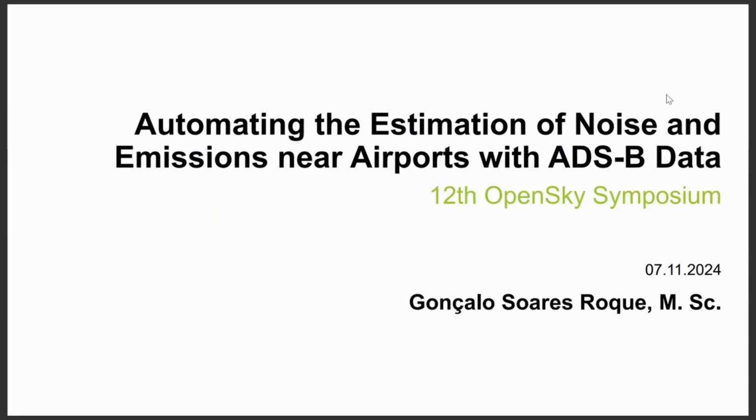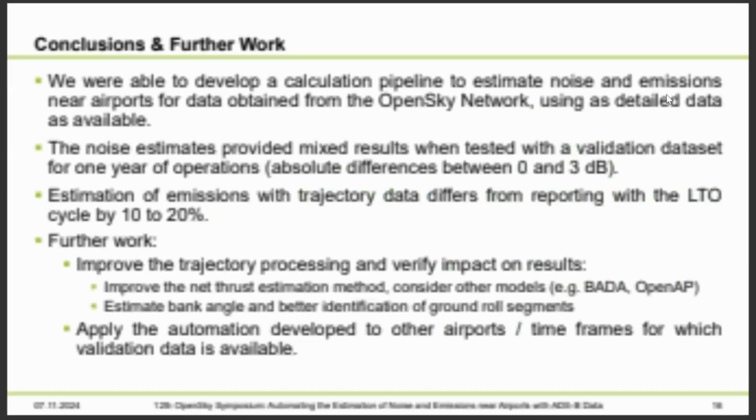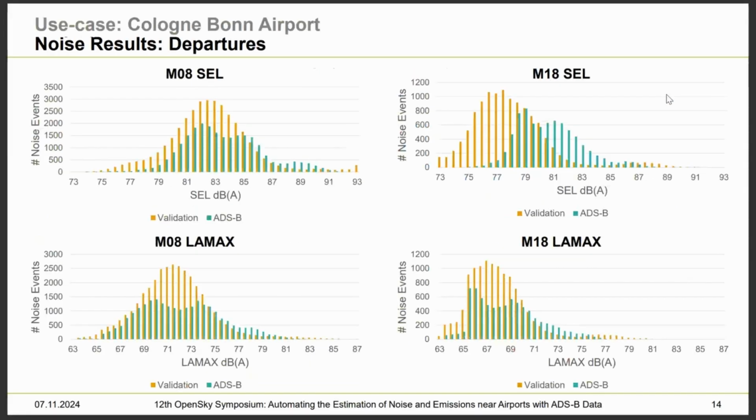Thank you for this presentation. Could you come back to slide 14, I think it was? Yes, here. I was just wondering why you get a two-mode distribution with ADS-B and a one-mode distribution for your validation. The orange Gaussian is one-mode and looks reasonable as a distribution, but the green one looks like there's two modes, like there's a gap, sometimes around 80 dB or around 70.